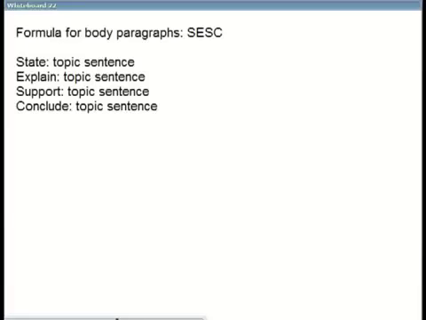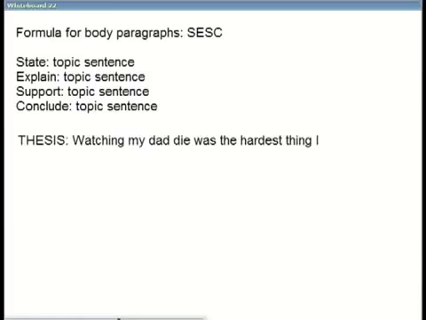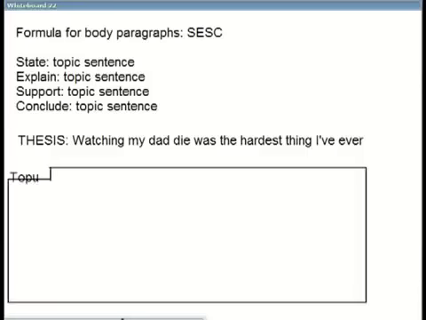Now let's see this in action. First, let's remind ourselves what the thesis statement is. The thesis was, watching my dad die was the hardest thing I've ever done. There's your thesis. Now we're going to draw our first body paragraph. Okay, so the first thing we want to do is to put in our first topic sentence.